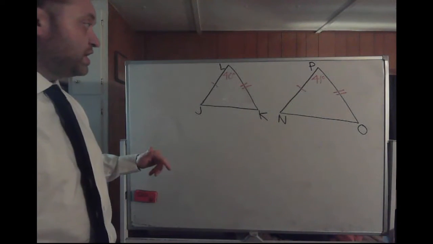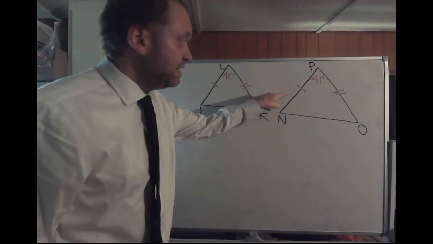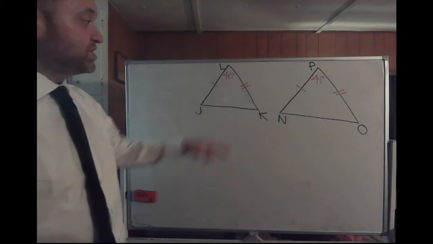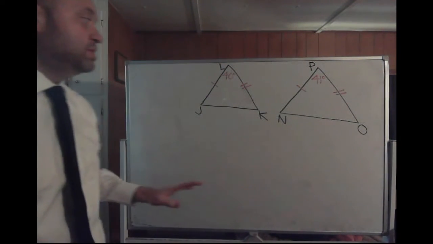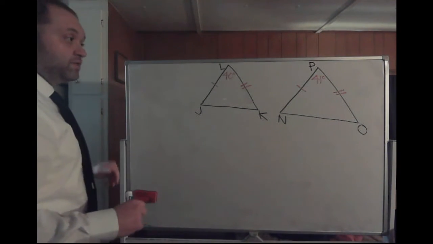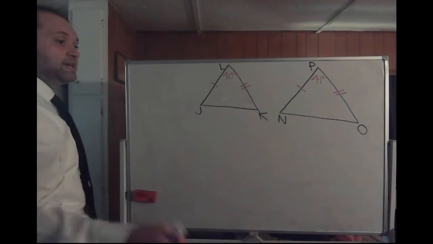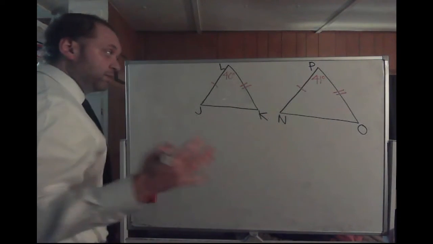In the first triangle, side LJ is congruent to side PN of the second triangle, and then in the first triangle, side LK is congruent to side PO of the second triangle. So we have two congruent sides, but in the first triangle, the included angle, angle L, is 40 degrees. In the second triangle, the included angle, angle P, is 41 degrees.